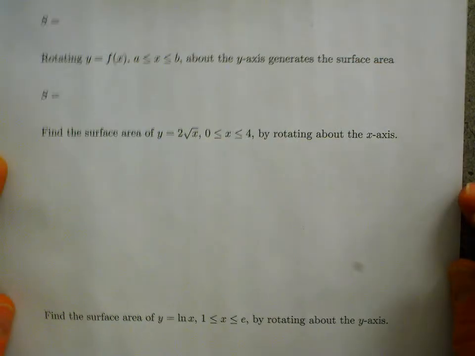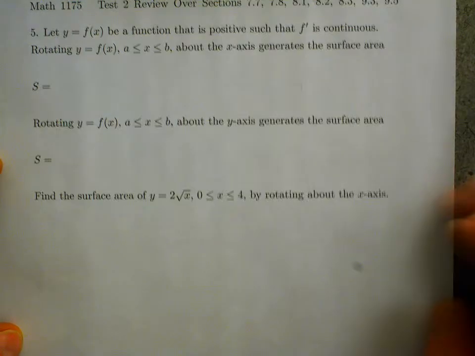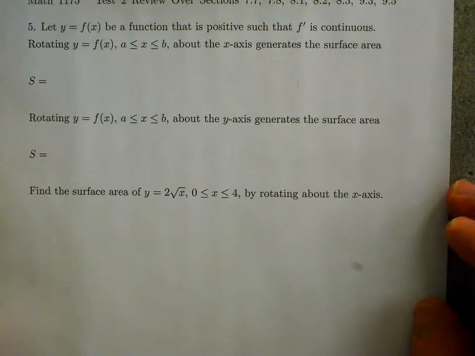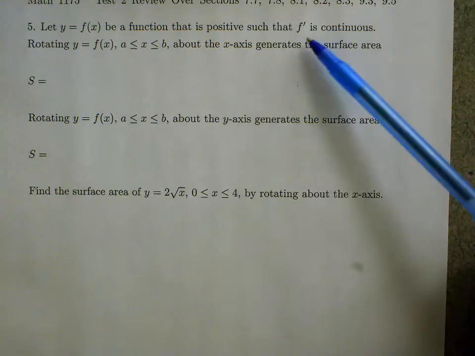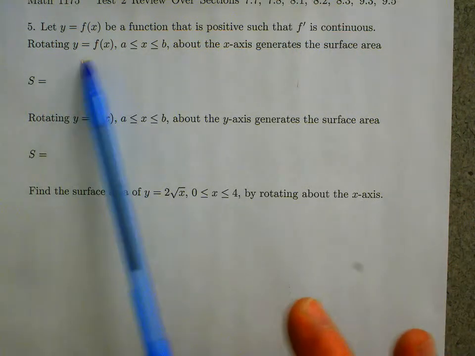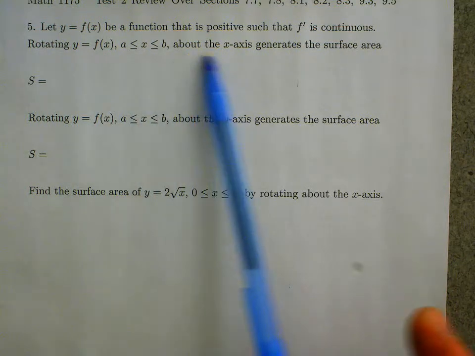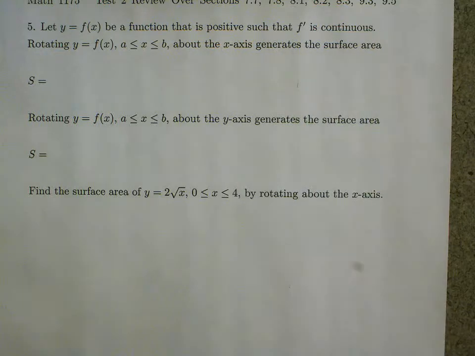Okay, let y equals f of x be a function that is positive, such that f prime is continuous. Rotating y equals f of x for values of x between a and b about the x-axis generates the surface area.